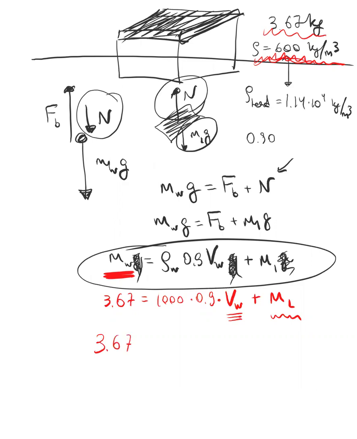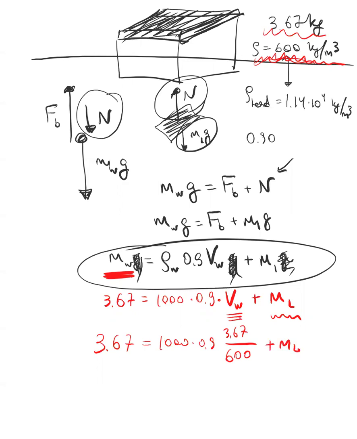It's 3.67 equal to 1000 times 0.9 times volume plus mass of lead. Density is mass divided by volume, so volume is mass divided by density. Mass of this wooden block is 3.67. Density is 600. So 3.67 divided by 600 is my volume.